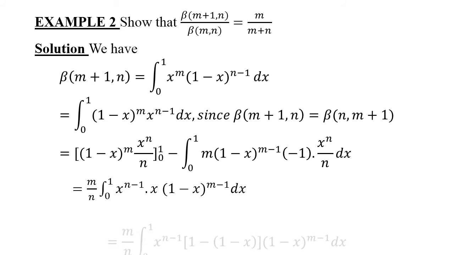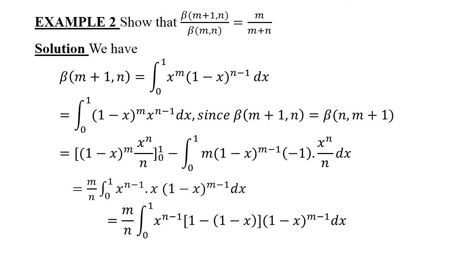dx. Now we have m upon n times the integration from 0 to 1 of x to the power n minus 1, and in the place of x we take 1 minus (1 minus x), into (1 minus x) to the power m minus 1 dx.